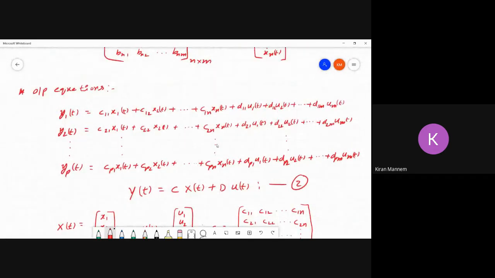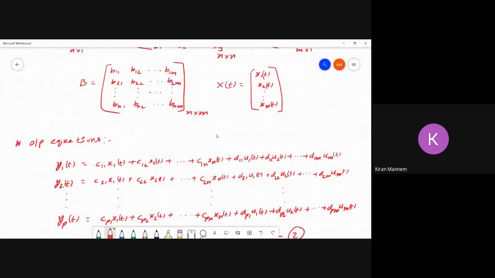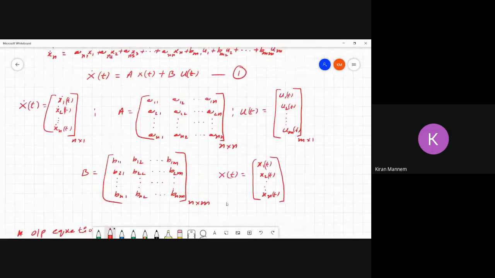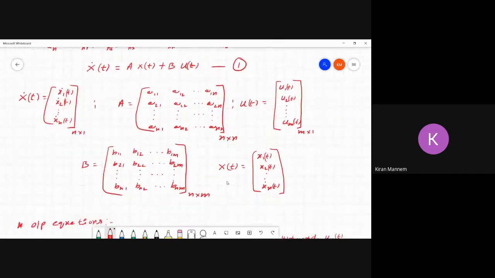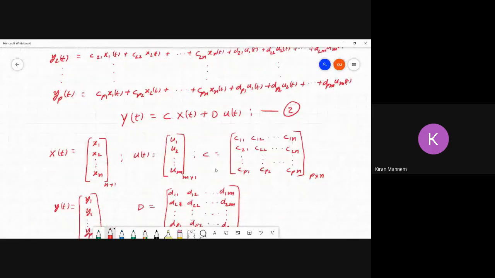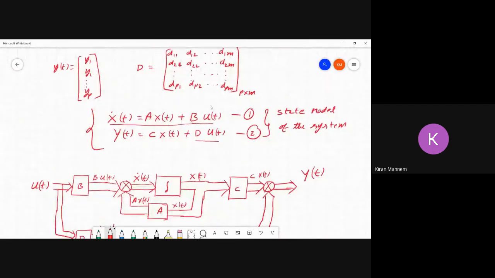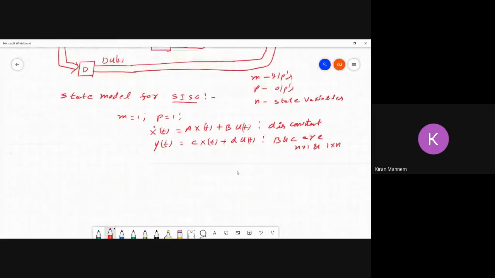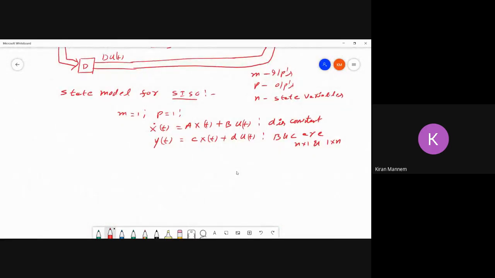Now coming to B, it is N by 1. So very simple. Just substitute the values, you will get the SISO equations like this. Okay. So this is about the state model of a linear time invariant system for MIMO as well as SISO.